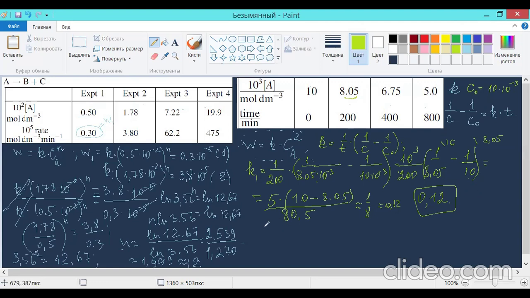Okay, let's take the rate constant for the second finding.